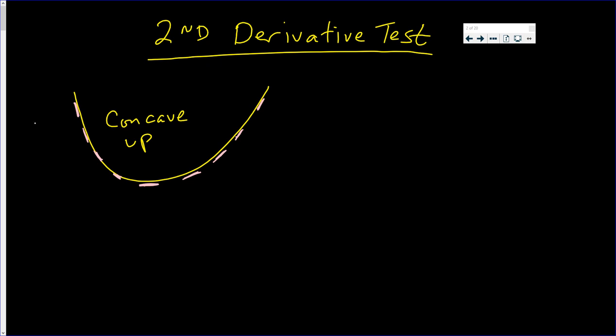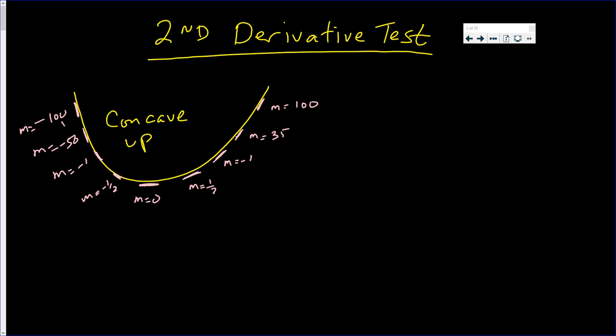Maybe here the slope is negative 100, and here it's negative 50, and here it's negative 1, and here the slope is negative a half, and here it's 0 and a half, and maybe 1 and 35 and 100. The change in the slope is increasing.